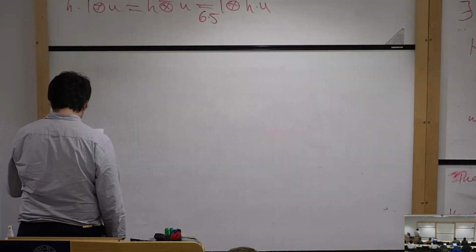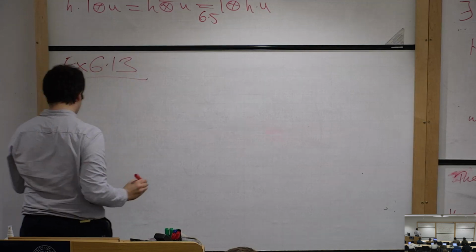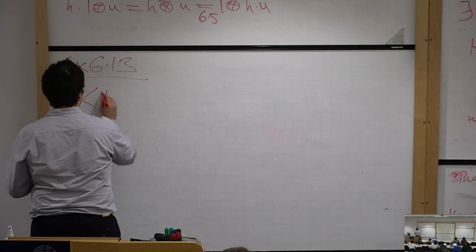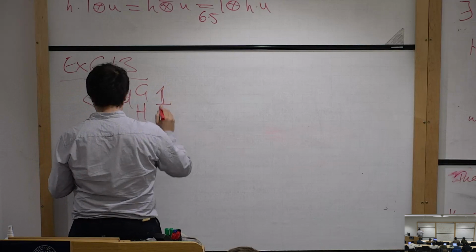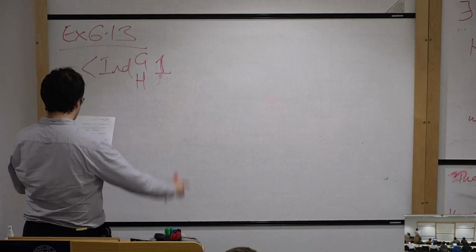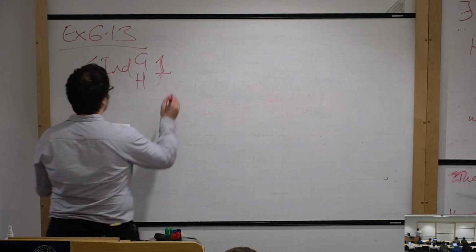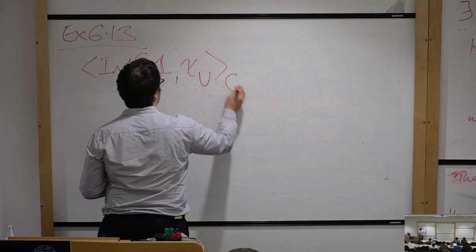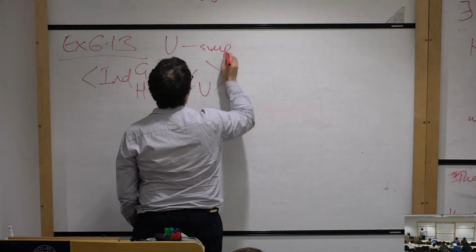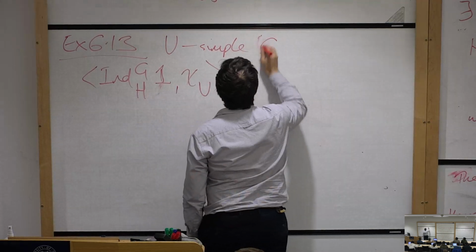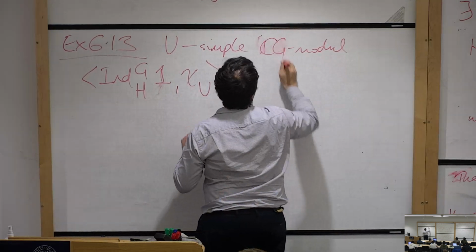Maybe skip example 6.13, just maybe tell you what the example is. Induction from the trivial character. We know what this is, I think. I take U to be a simple CG module.